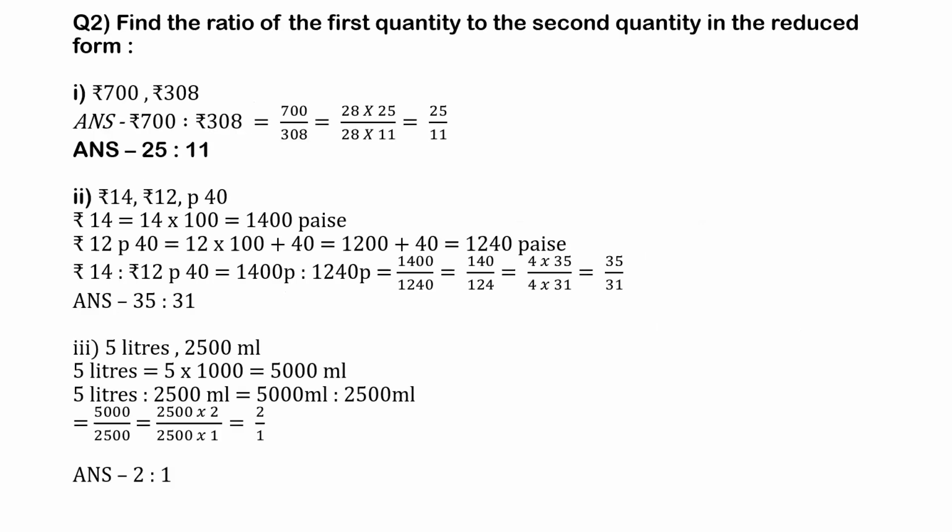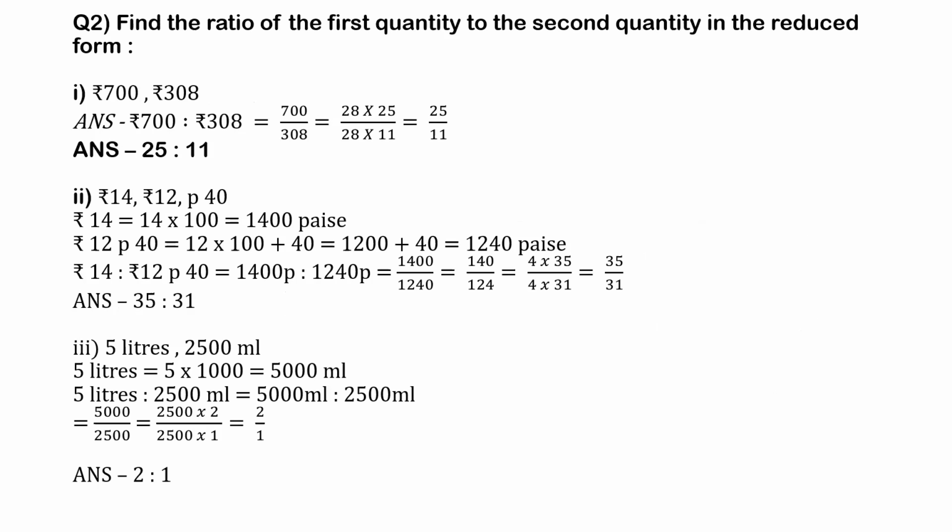Let's begin with question number 2. We have to find the ratio of the first quantity to the second quantity in the reduced form. Okay, so let's begin. First one is rupees 700, rupees 308.